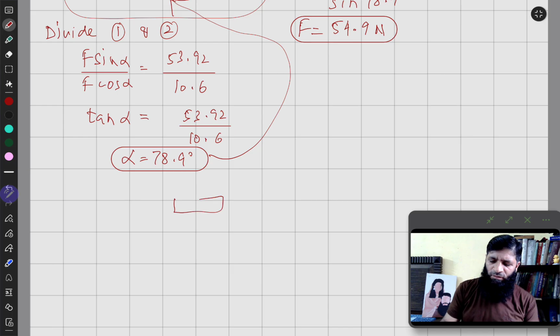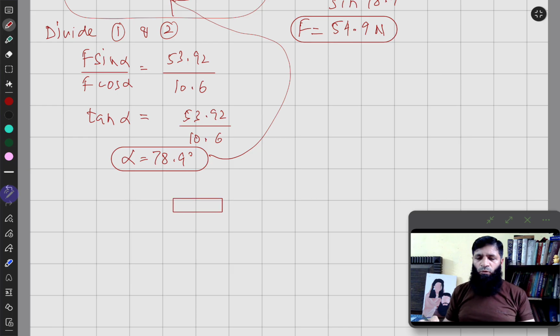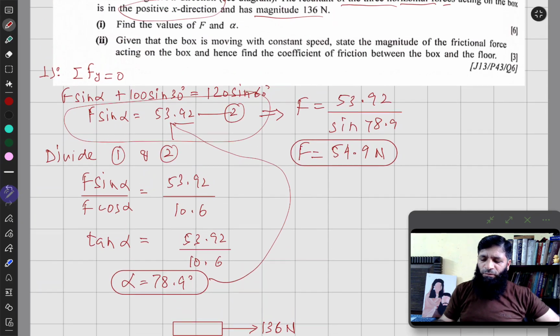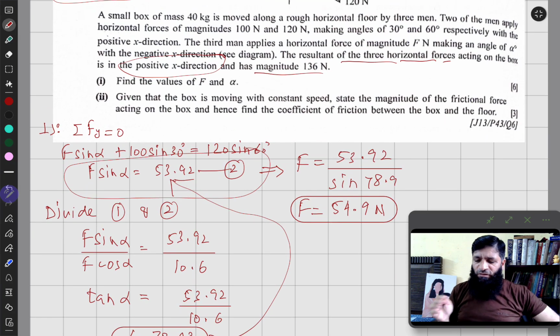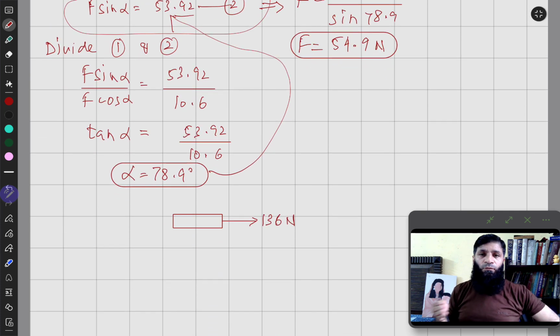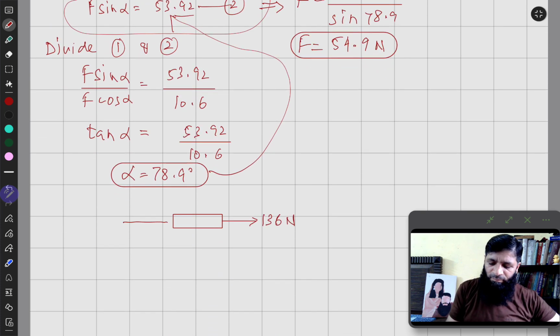Look at the box, and if you talk about the horizontal forces, because we will discuss only horizontal forces, these are the resultant of all forward forces, which is 136 newtons. We have seen from the statement that the resultant of all the horizontal forces is 136 newtons. Plus, as the object is moving forward, the frictional force will be backward.